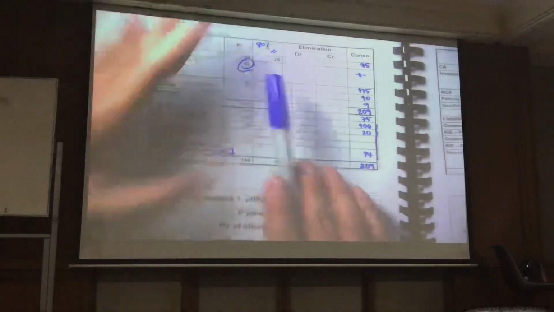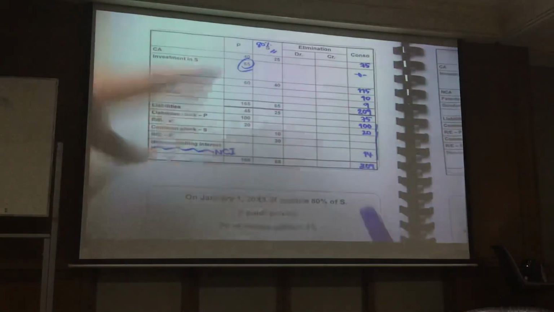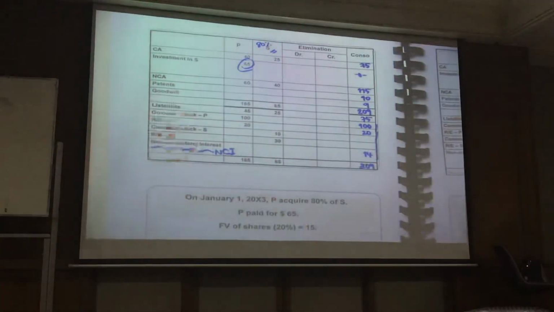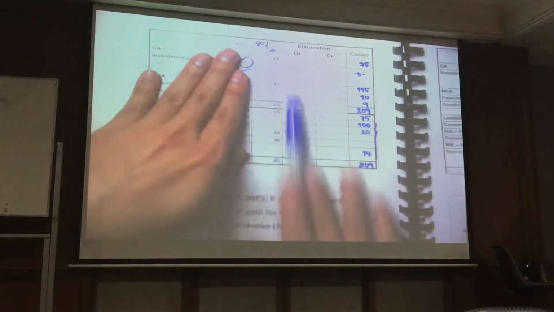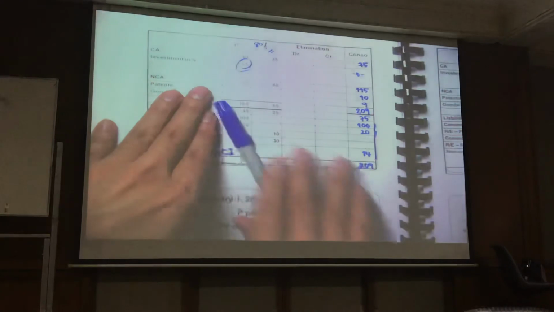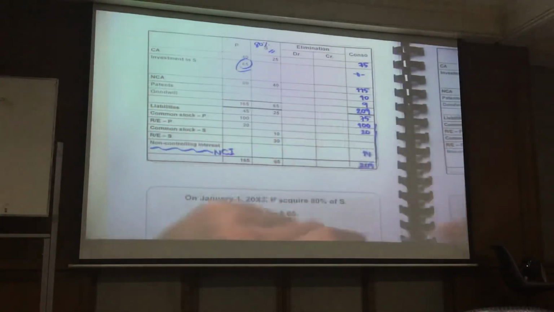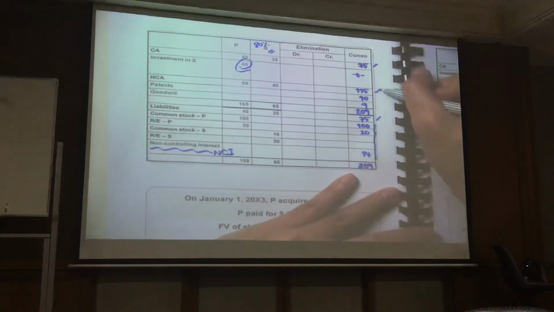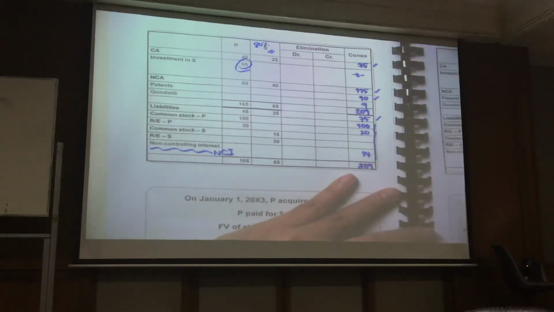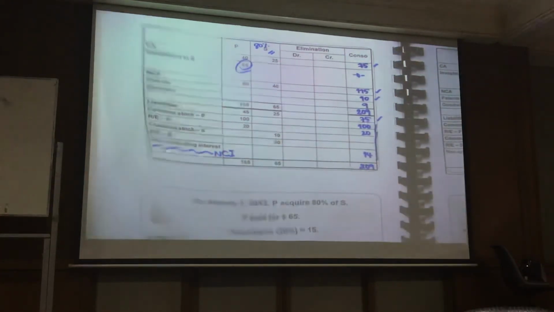Parent reports at book, asset and liability of subsidiary should be reported at fair value. So you add fair value of net asset into the book value of the parent. This is what you got: 75, 75, 115, and 10. You calculate from slide number 17, right? You got it here.